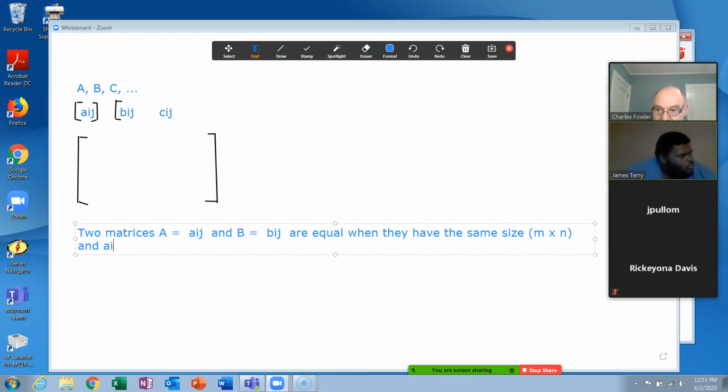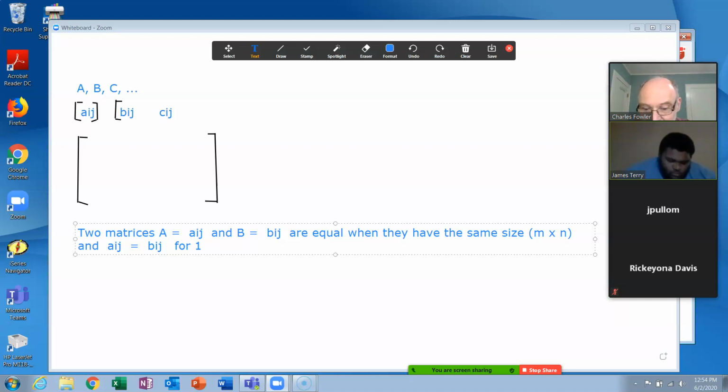And A sub ij is always equal to B ij for every, and I mean for every, I less than or equal to M, and 1 is less than or equal to J, and that's less than or equal to N, where N is the number of columns. Oh boy, I don't have the symbols.